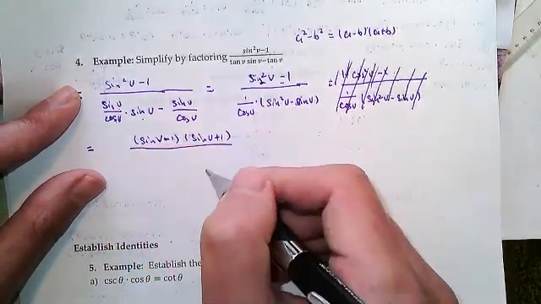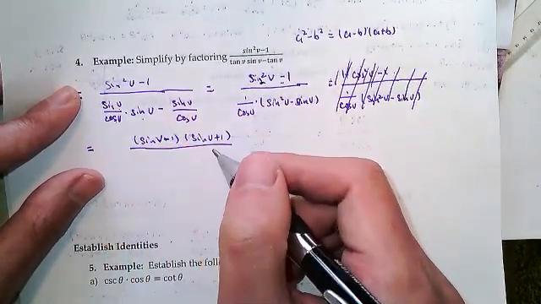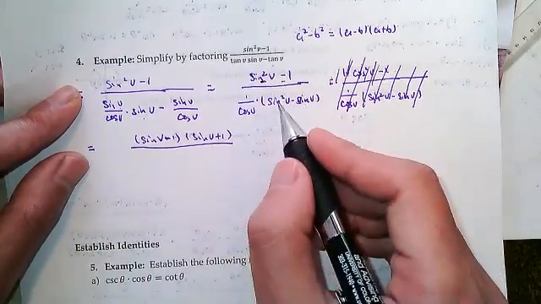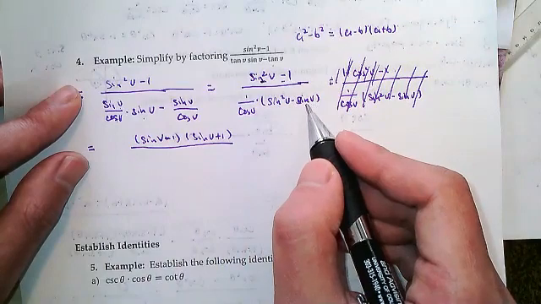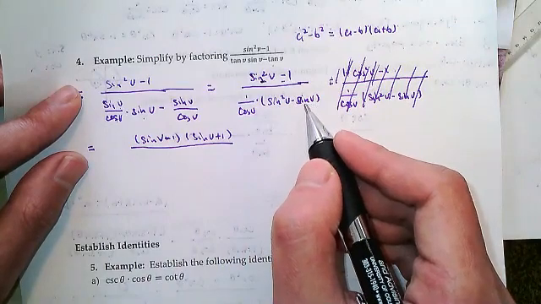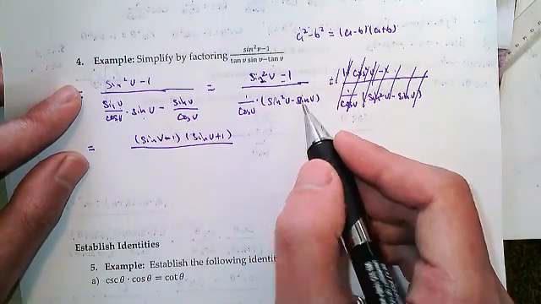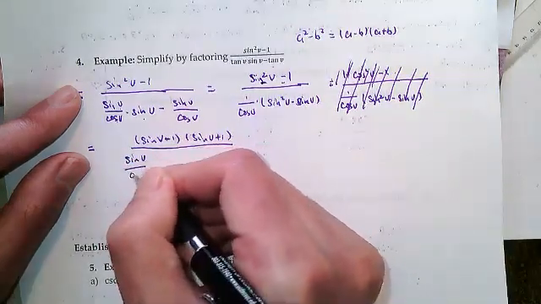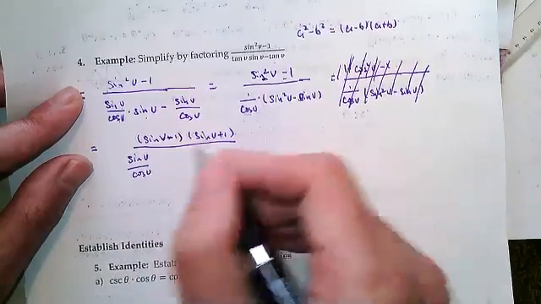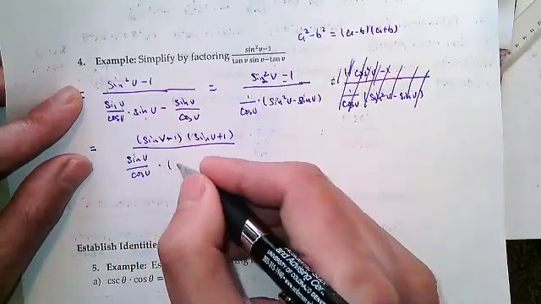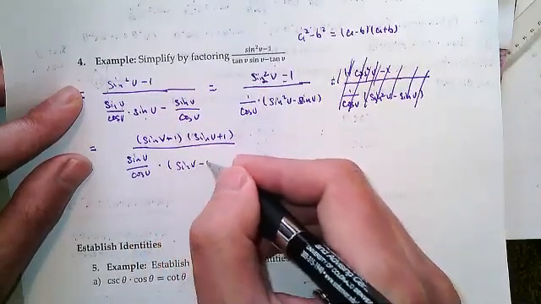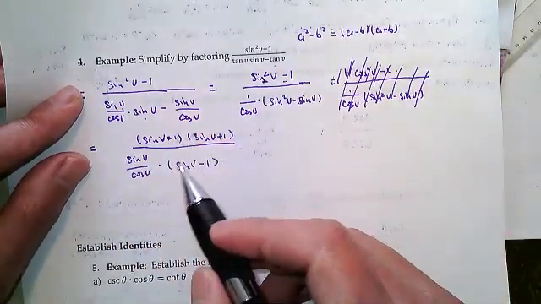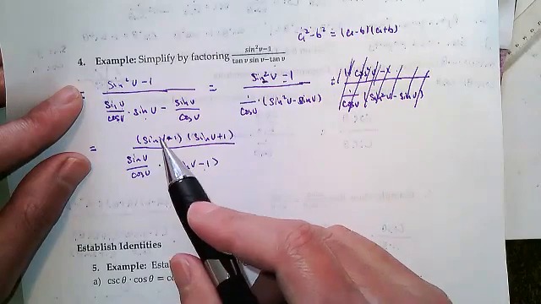So then for the numerator. What do you get for the denominator? Look at the sine squared minus sine. So you can still factor the sine out. If you factor the sine out, you got sine v over cosine v. Cosine is still here. Sine v minus 1. Sine v minus 1.